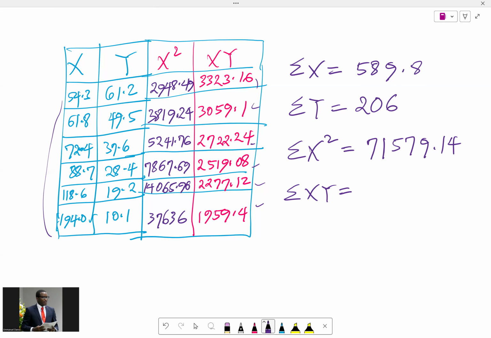Let's do that again. 3323.16 plus 3059.1 plus 2722.24 plus 2519.08 plus 2277.12 plus 1959.4.